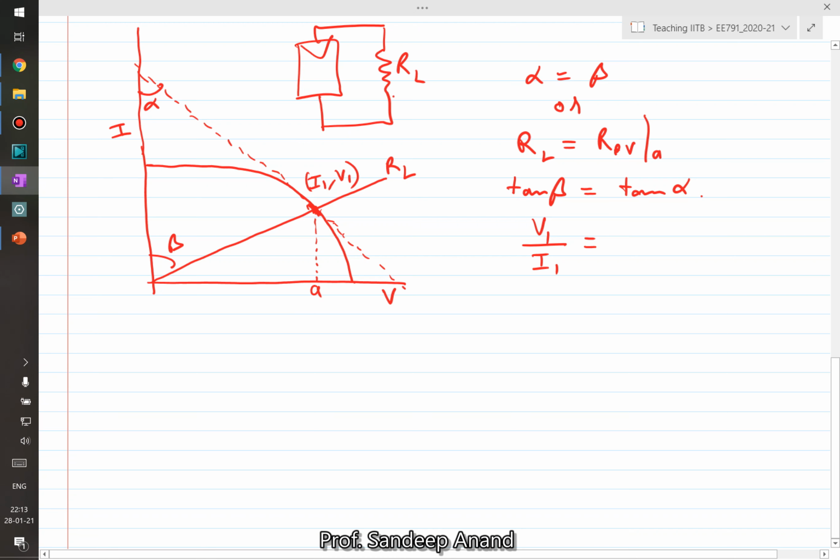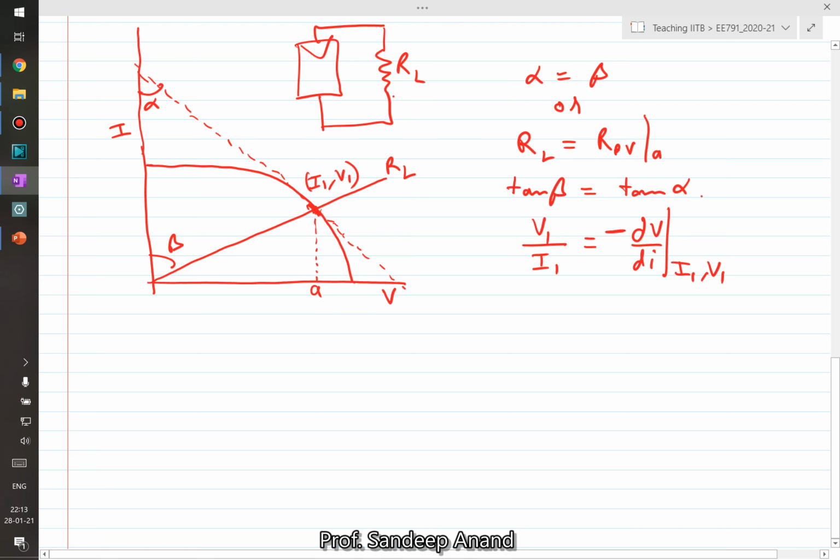It is dv by di at I1 comma V1. This term is going to be negative because the slope is negative, but alpha is less than 90, and therefore we put a negative sign here, so that the right hand side also becomes a positive quantity. So this is the condition, which is essentially nothing more than tan alpha equal to tan beta.